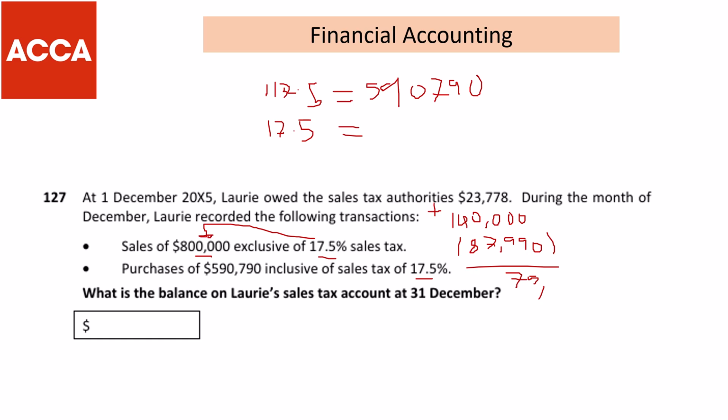Hope you can see this is a 5. Actually, let me write that again. So it comes to 75,788. There you go. And that goes in the answer section.